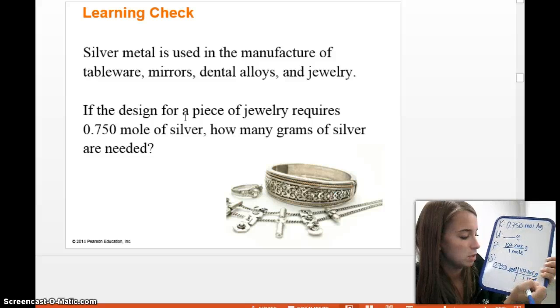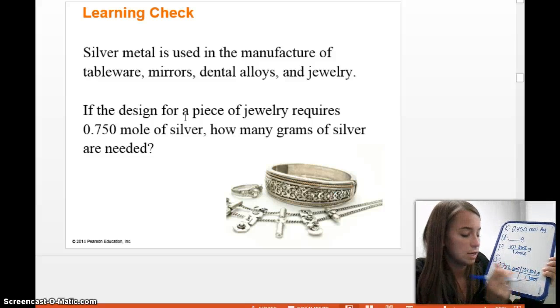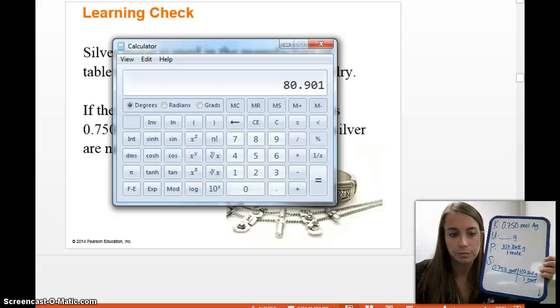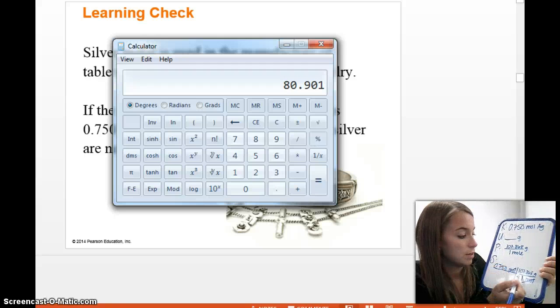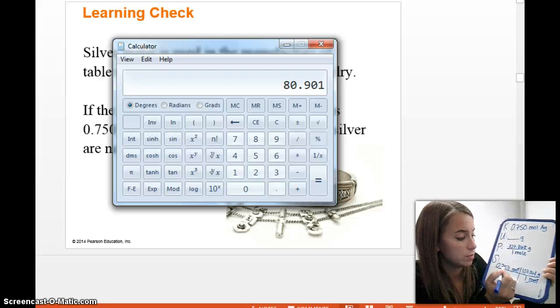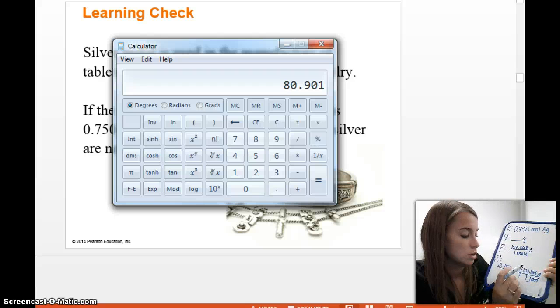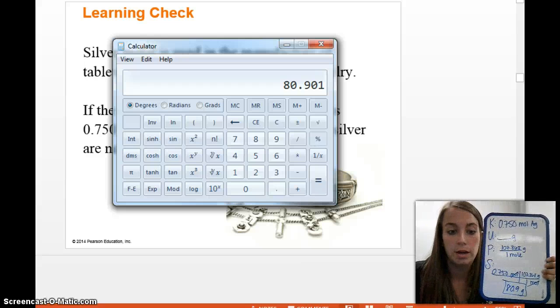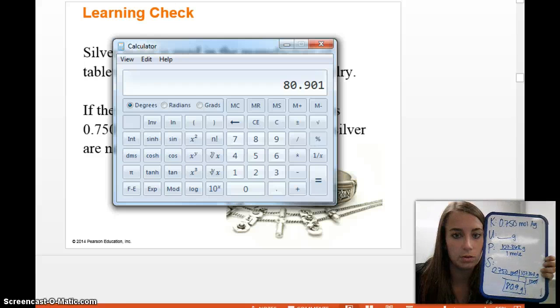Cross off my moles, multiply across the top, pull up my calculator. 0.750 times 107.868, and I get 80.901. This has 3 sig figs, this has 1, 2, 3, 4, 5, 6. So my answer can have 3 sig figs. So I'm going to go with 80.9 grams for how many grams of silver is in 0.750 moles.